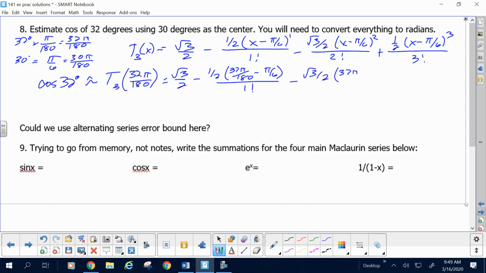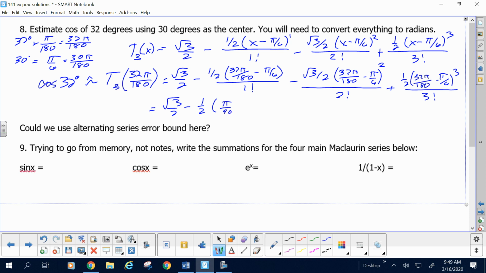Minus root 3 over 2, (32 pi over 180 minus pi over 6) again, that would be pi over 90, squared. And then finally, that. So again, if this were multiple choice, you might see this as a possible solution.